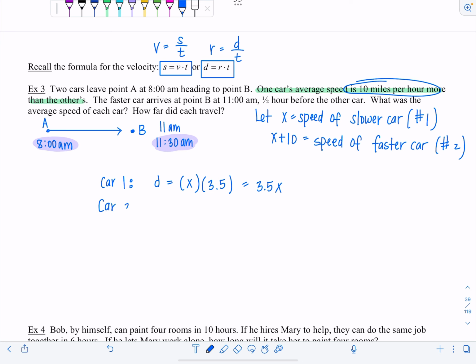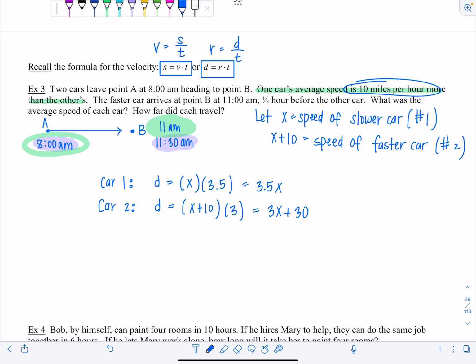What about car 2, the faster car? So its distance was equal to its rate. Its rate was X plus 10. What was the time that it traveled? Only from 8 a.m. to 11 a.m. So it only traveled for 3 hours. And this I can simplify if I distribute: 3x plus 30.